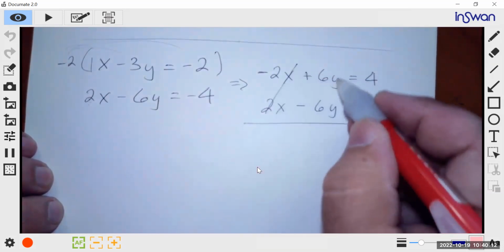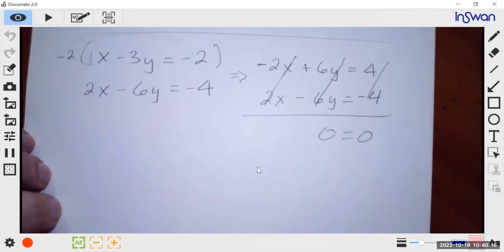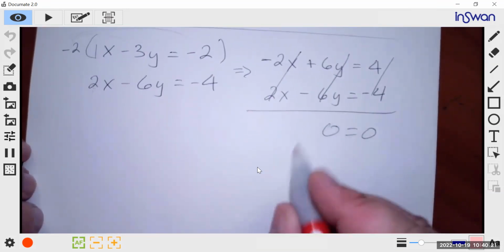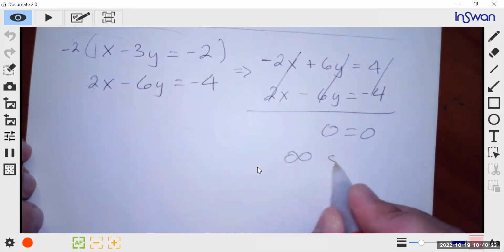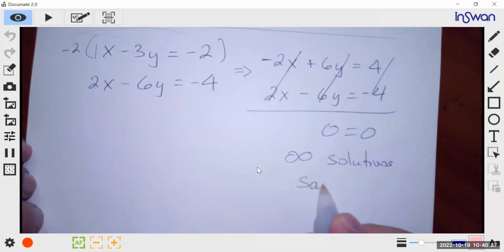If we add them all together, what does that tell us? Infinite solutions. Same lines.